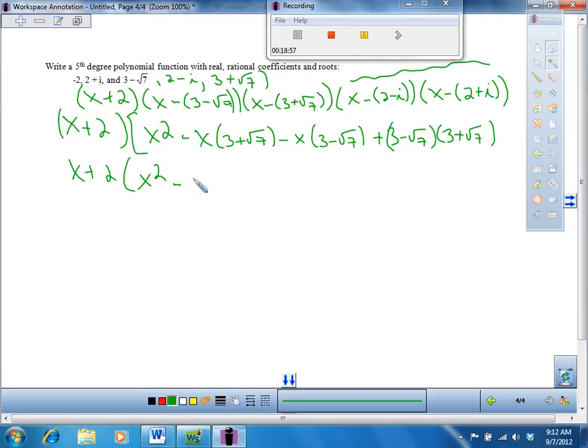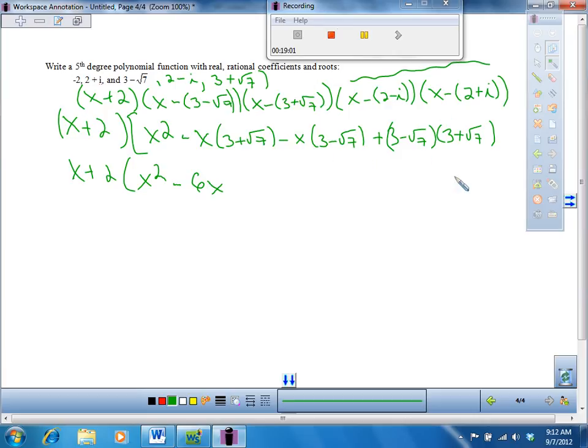So how many minus x's do I have? 6x. I have a minus x root 7, and I have a minus times a minus x root 7, which is what? Those ones disappear. See that? This negative x times root of 7 and negative x times negative root of 7 disappear.